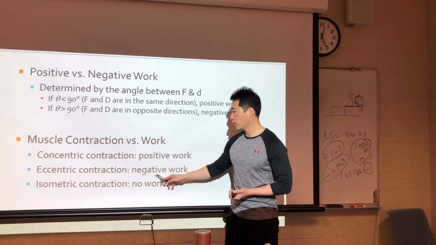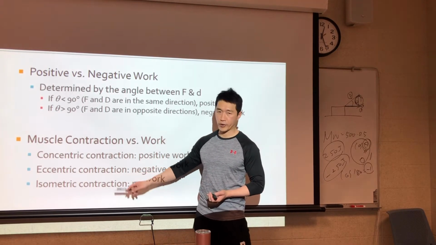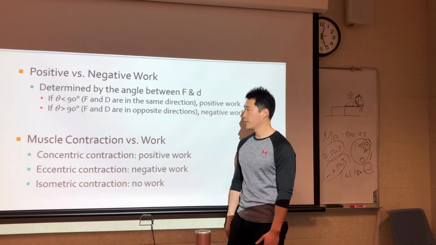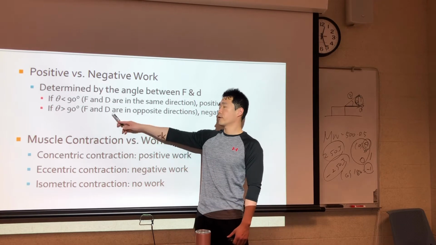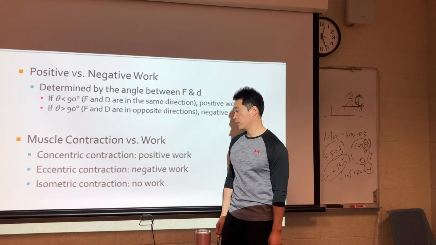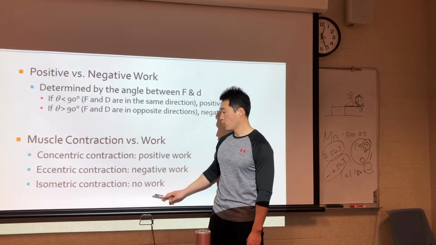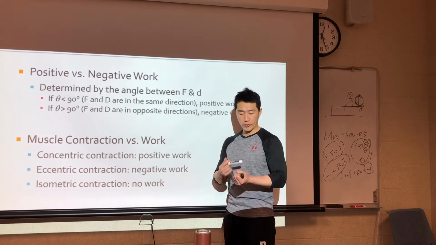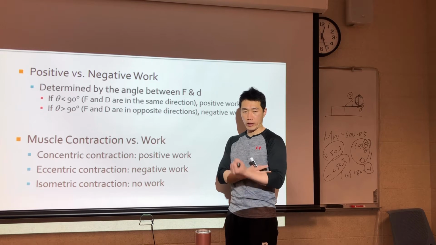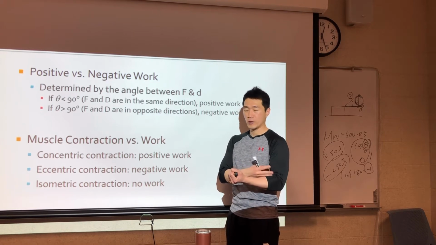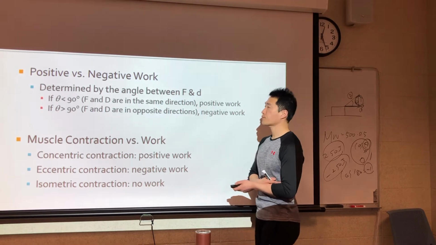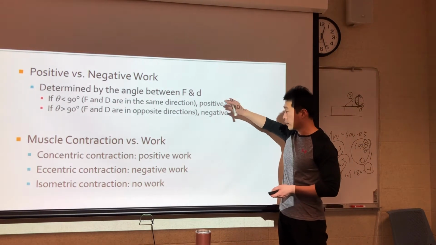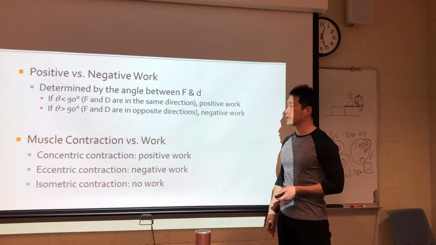If you get negative work, this is related to eccentric contraction, where your muscle fibers get longer, and force and displacement are acting in the opposite direction. And no work means you are not moving. You are generating force, but you are not generating any displacement, which means isometric contraction. So once you figure out the signs of work, you can relate that information to the muscle contraction.